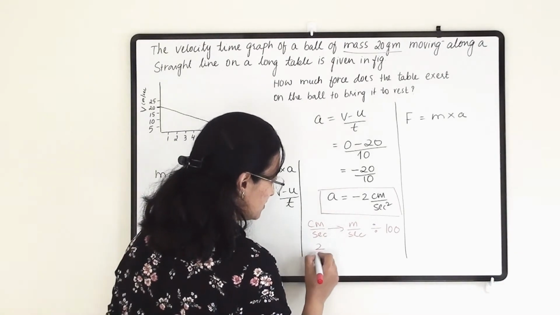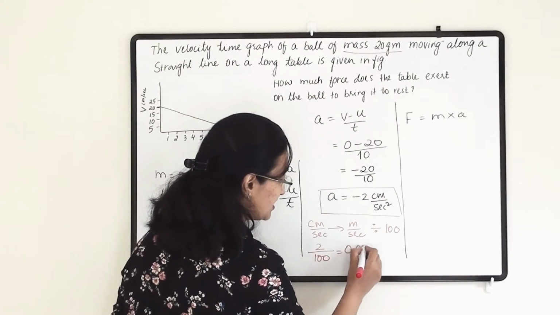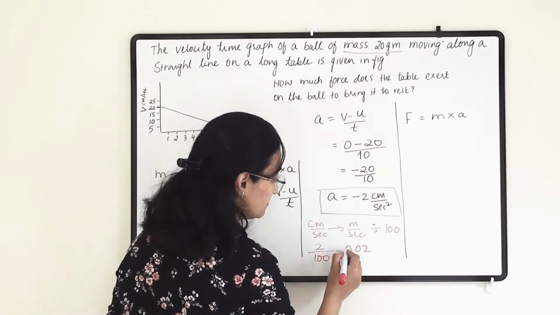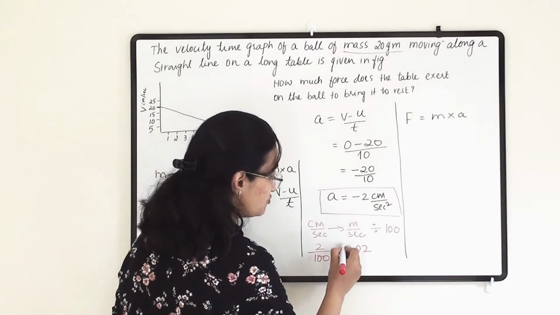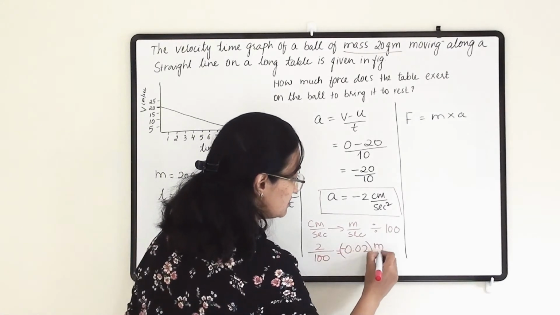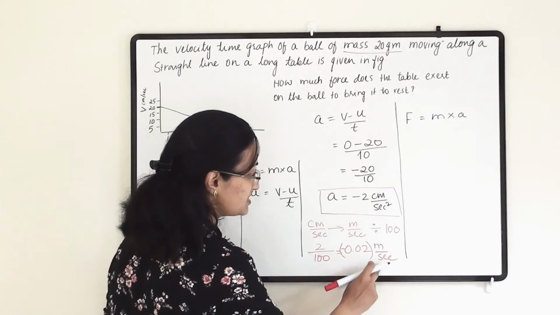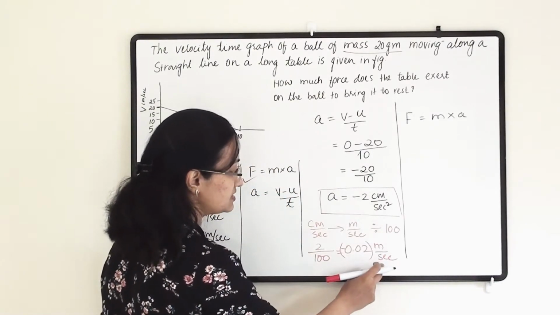So 2 divided by 100 gives 0.02. Our new term is minus 0.02 meter per second square.